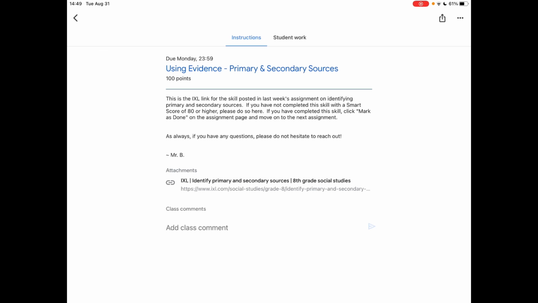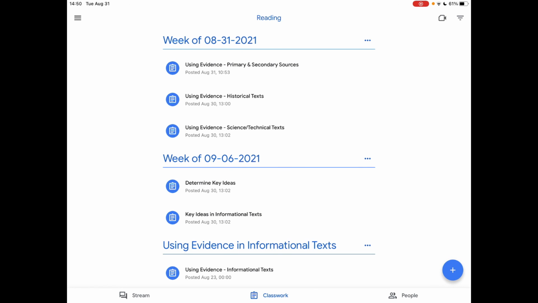And then in the top right-hand corner of your assignment page, you will see a blue button that says Mark as done. You will click that button. Now, if you have already completed the identify primary and secondary sources, go ahead and click Mark as done, and then you can work on the other 2 assignments.